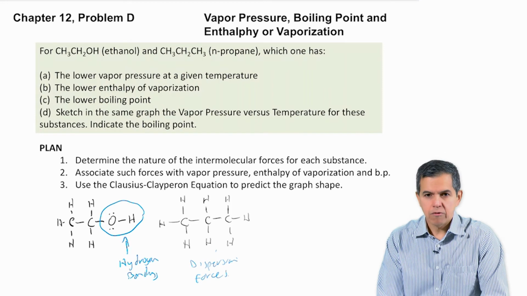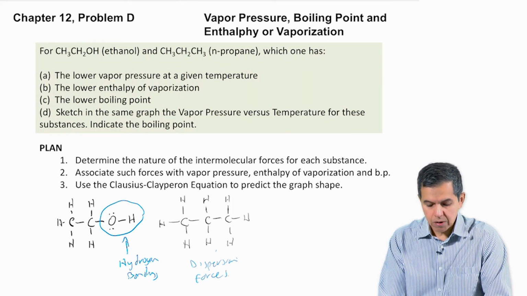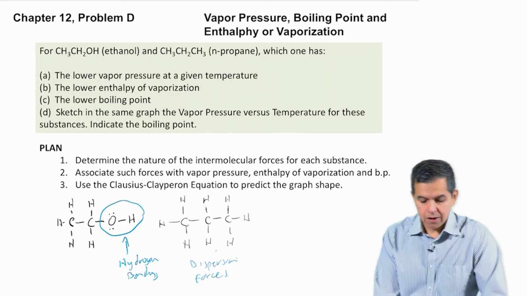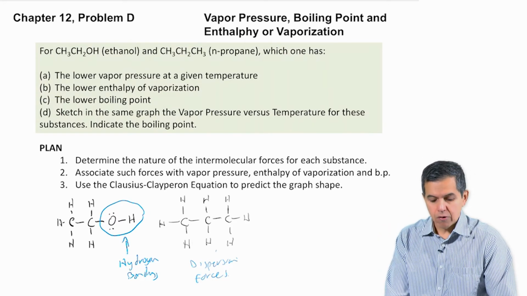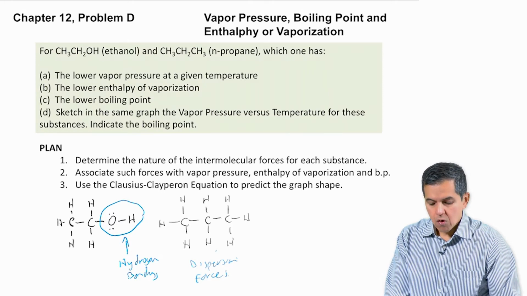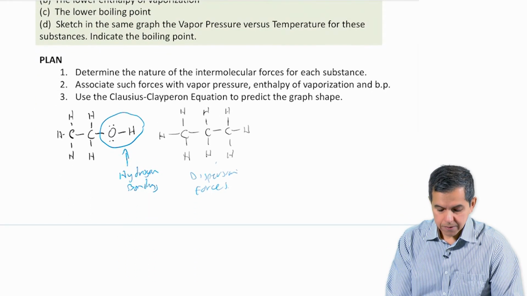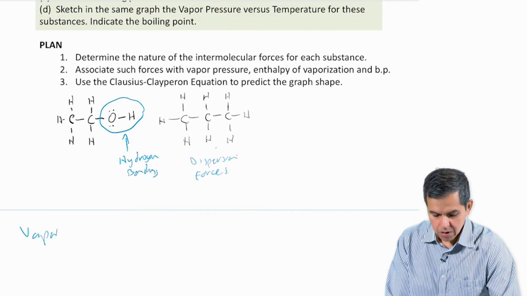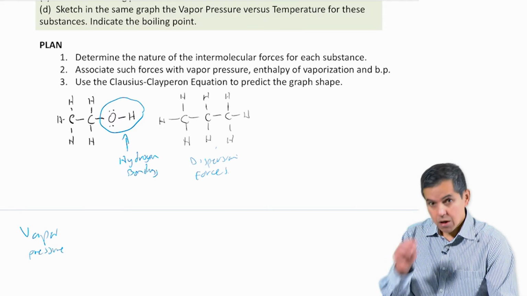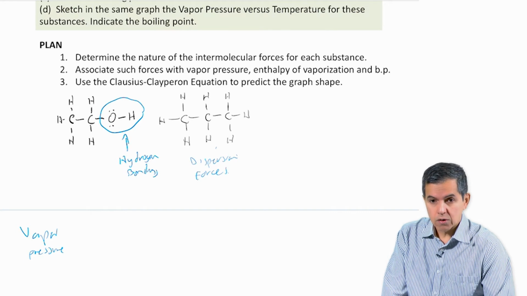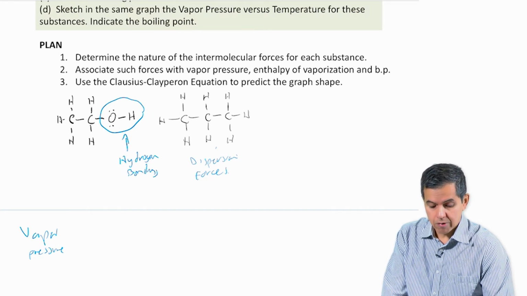We know that dispersion forces are weaker than hydrogen bonding forces. Therefore, we can start associating the relative magnitude of these 2 forces with the vapor pressure. We know that vapor pressure is going to be lower for those molecules that have strong intermolecular interactions.